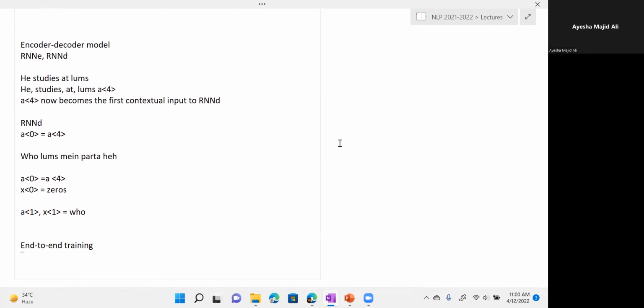So this was training. So what would happen if you are using it for machine translation? So once you have trained the network, you have learned all the parameters of the RNN-E, which is encoder, and the RNN-D. So all the parameters are there. So when you want to do a translation, you feed in the input language one by one.